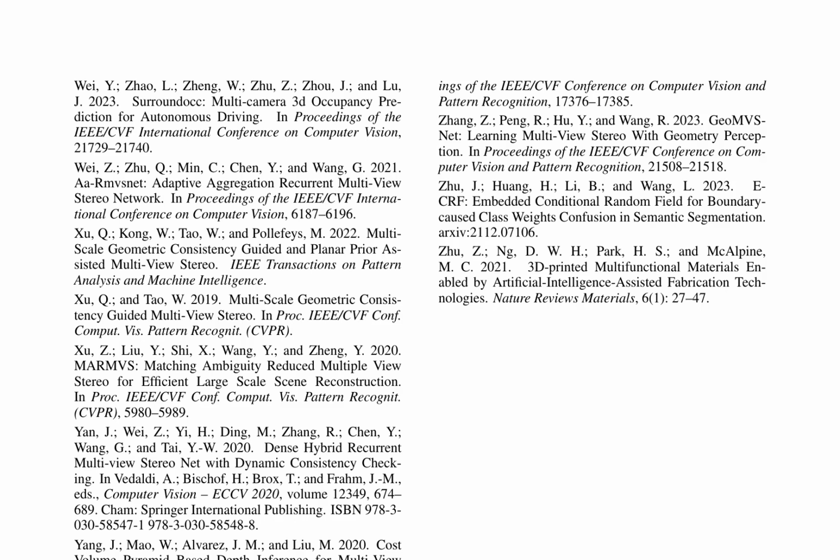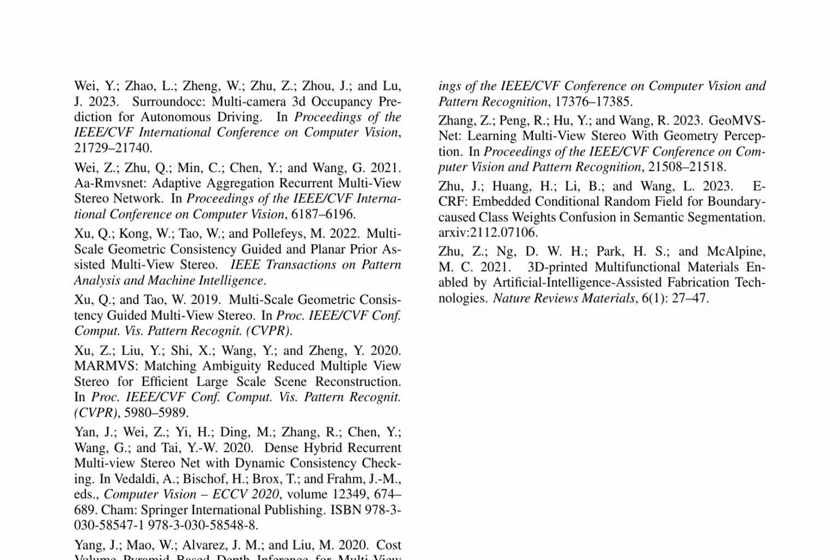Zhang et al. 2023 revisit the representation of MVS-Net, introducing a region-aware approach that better handles textureless regions and improves overall depth estimation. Meanwhile, Zhang et al. 2023 introduced Geo-MVS-Net, a geometry perception-based MVS method that outperforms existing techniques on various benchmarks.